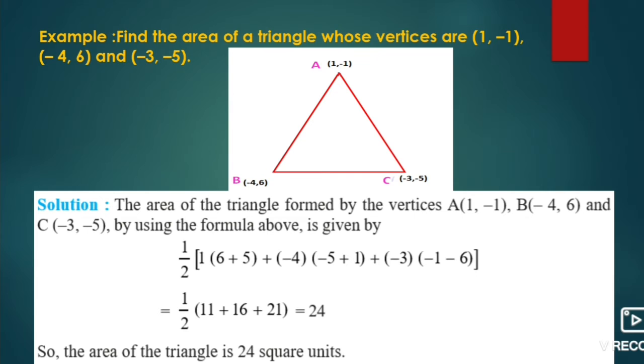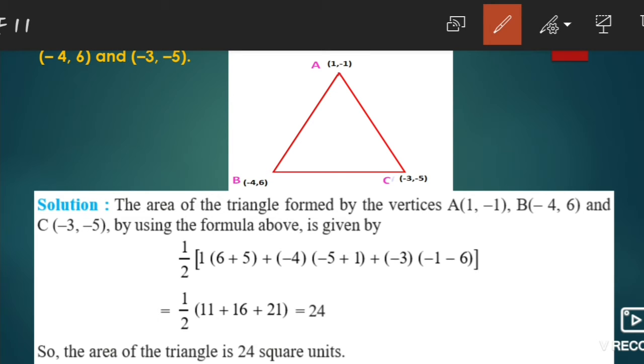Now you can consider this one as x1, y1, this one as x2, y2, and this is x3, y3.